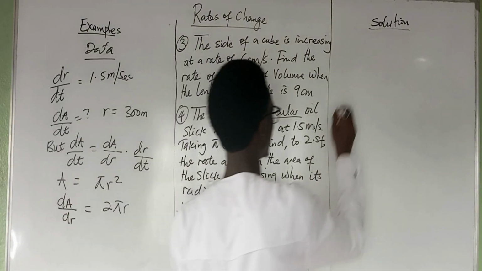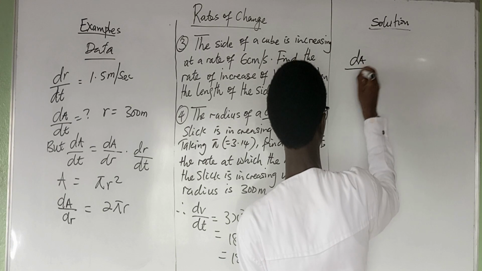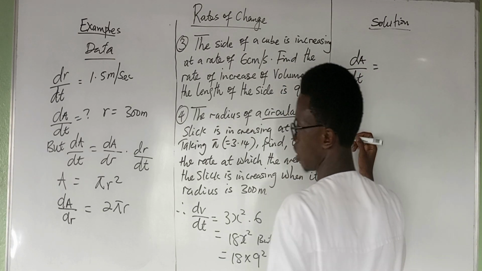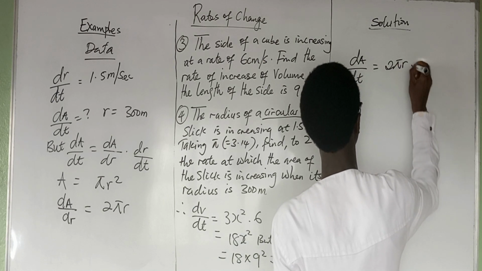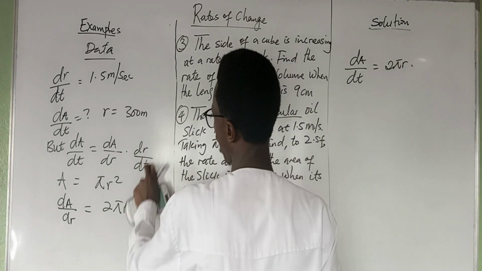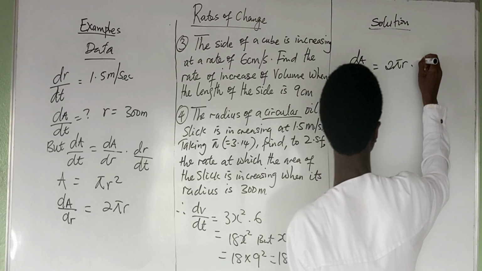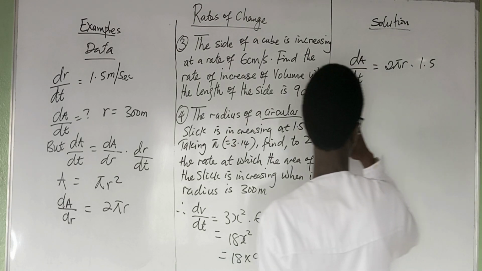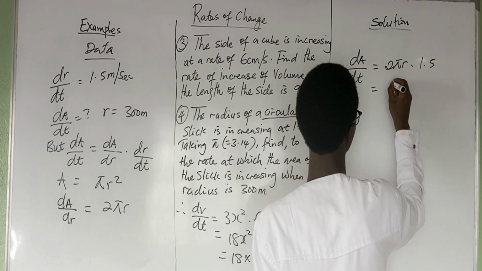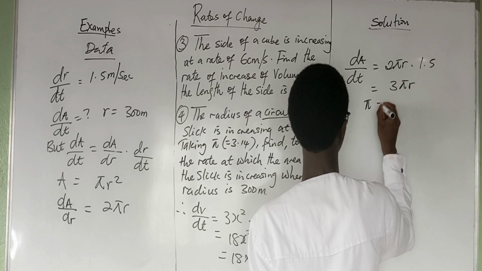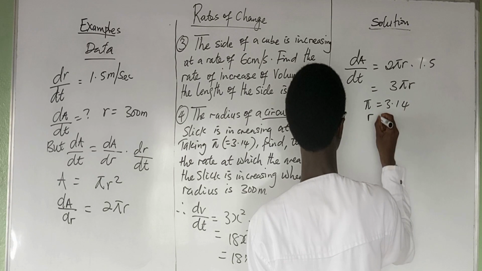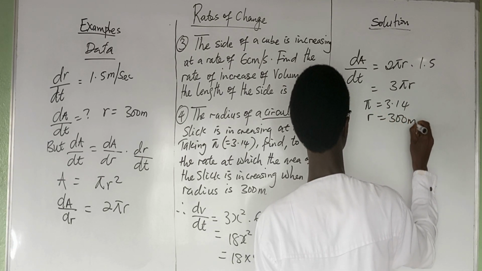Now you are just going to substitute this here. So dA over dt equals dA over dr, which is 2 pi r, multiplied by dr over dt, which is given as 1.5. This multiplied by this gives you 3 pi r, and remember we are given pi as 3.14 and the radius as 300 meters.